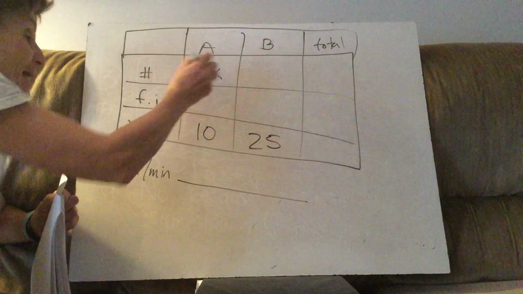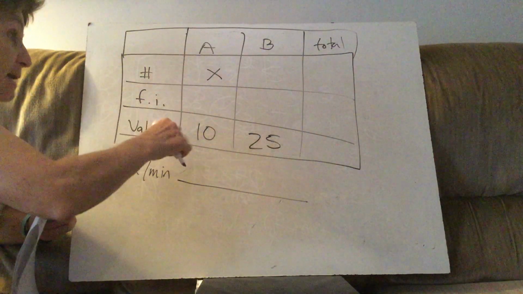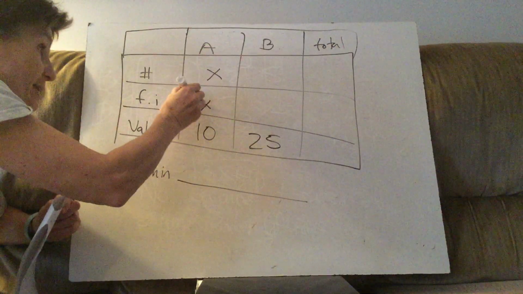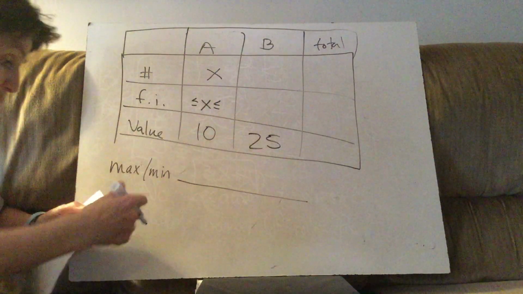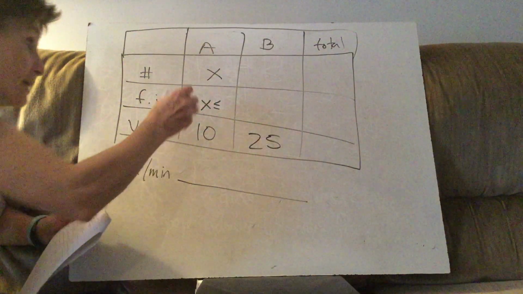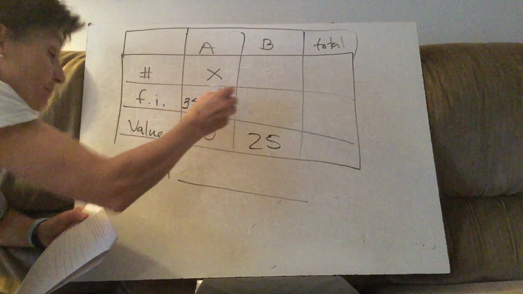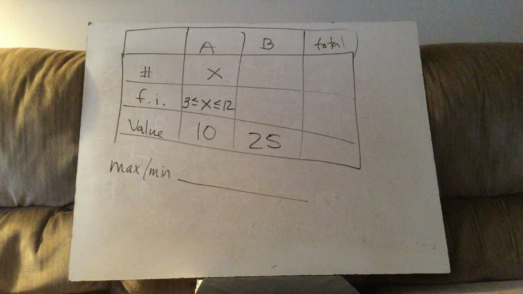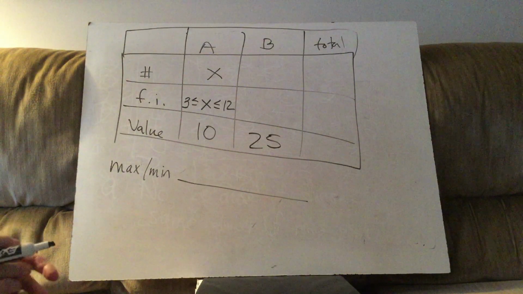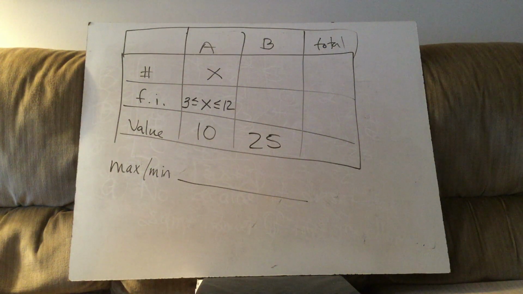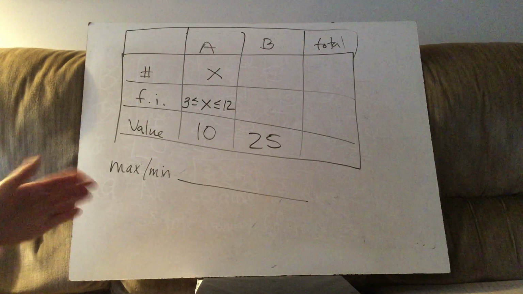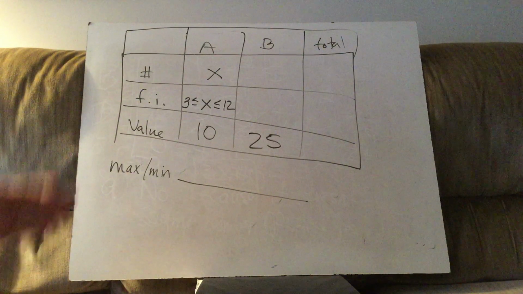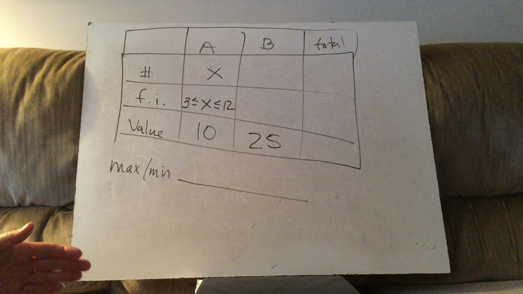So if we let X be the number of type A questions, then X has to be between 3 and 12. The fixed interval, that is the interval of possibilities that you have for type A questions, is at least 3, but less than or equal to 12.